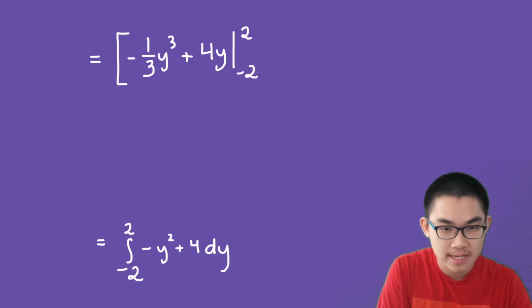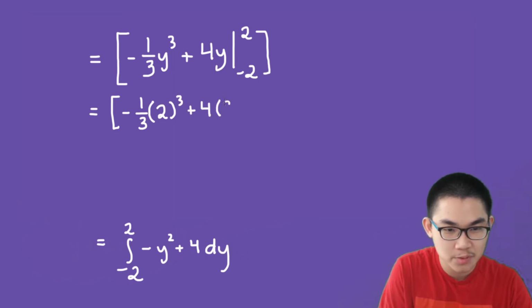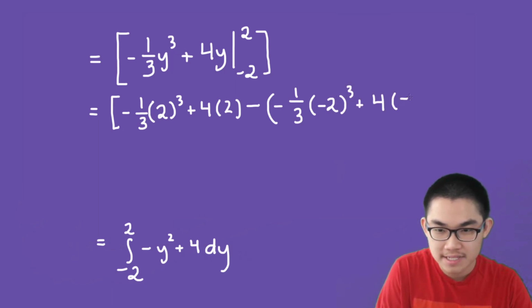That is going to be negative 2. This is going to be negative 1 over 3 times 2 to the power of 3 plus 4 times 2 minus the lower bound one. So we have negative 1 over 3 times negative 2 to the power of 3 plus 4 times negative 2.